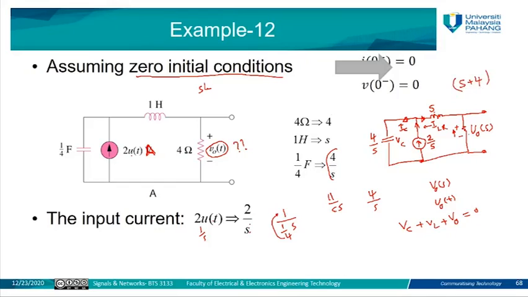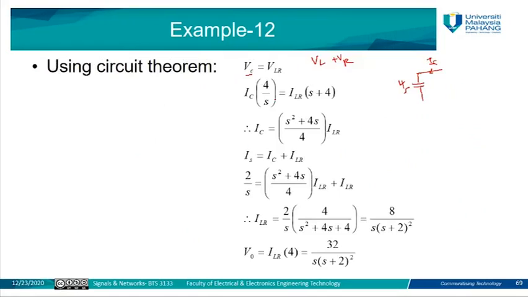So the total impedance is S plus 4, and the total current here we call ILR. So the voltage on this part will be ILR times S plus 4. You just substitute for this value. So IC times 4 over S on the left side. Here you have ILR times S plus 4. You can see how we add using algebra directly. This is impedance, this is impedance.